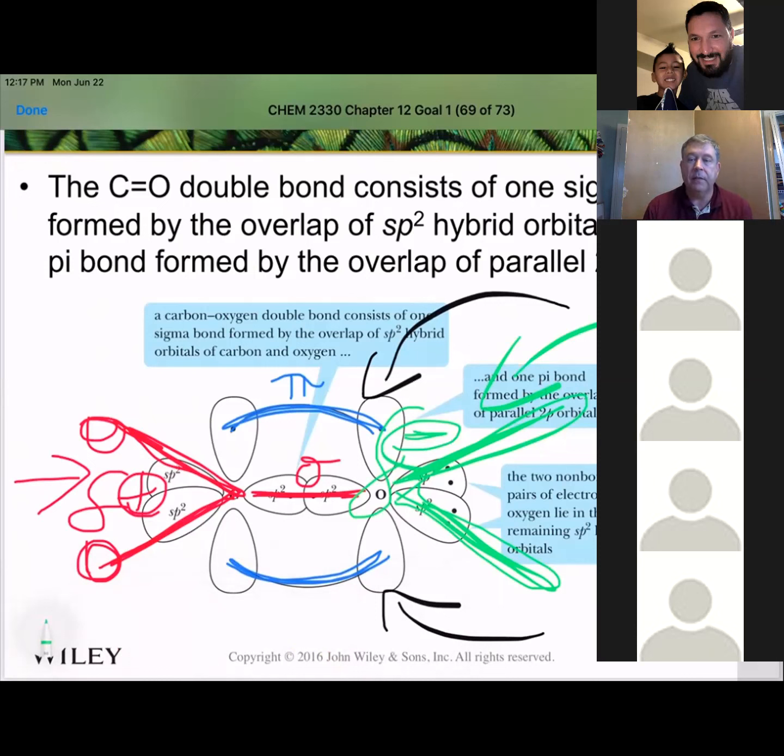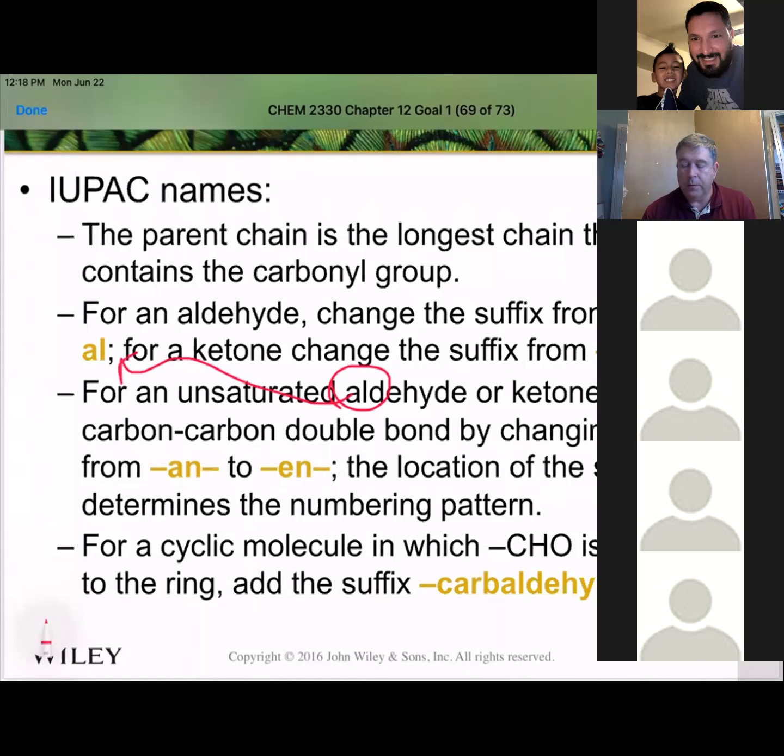And it's easy to remember because al is the first part of aldehyde. Well, al is also ending all of our alkanes with aldehydes in them. And when we have a ketone, we end with the -one.